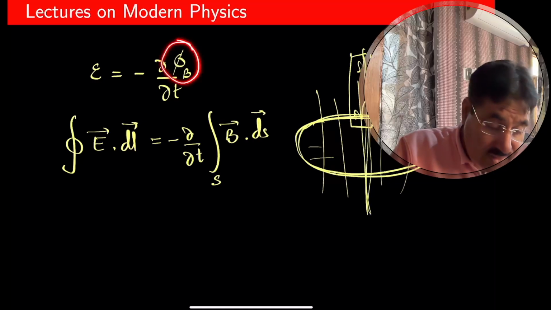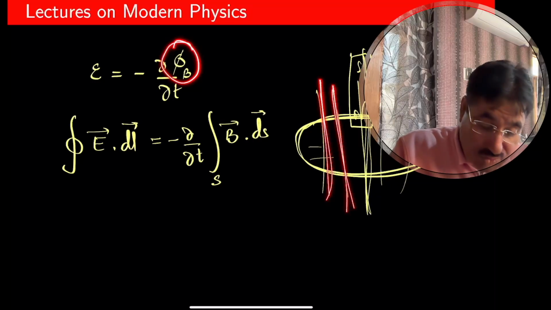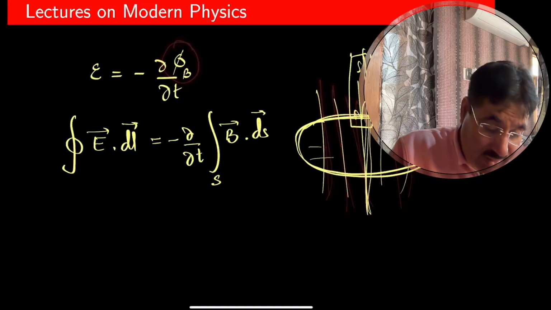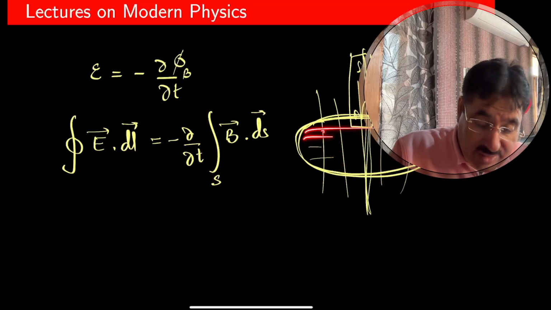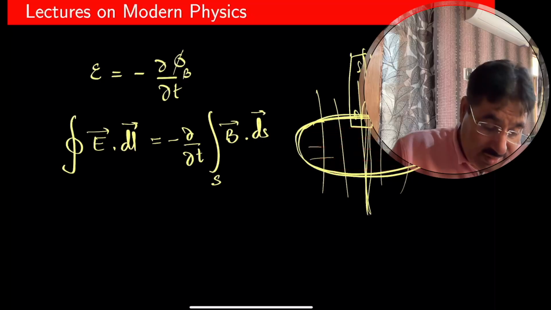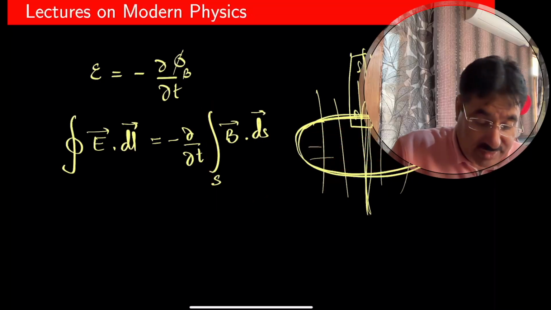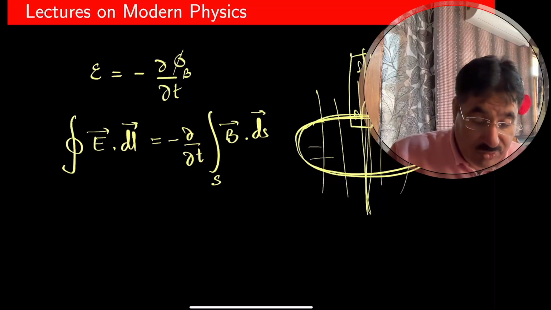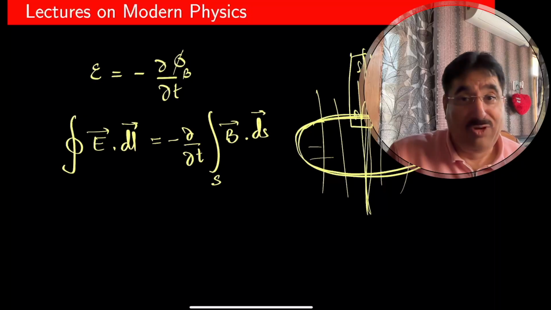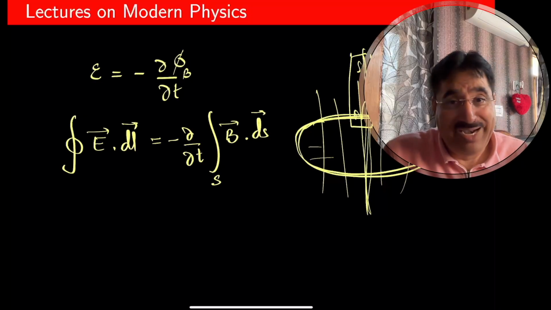And the flux through this surface is the integral of B dot ds over the whole surface that I am considering. Remember, this is a flat surface and this is an open integral. It's not the Gaussian surface, right? Keep that in mind, because we know that magnetic flux through a Gaussian surface is always zero, because we don't have magnetic monopoles.